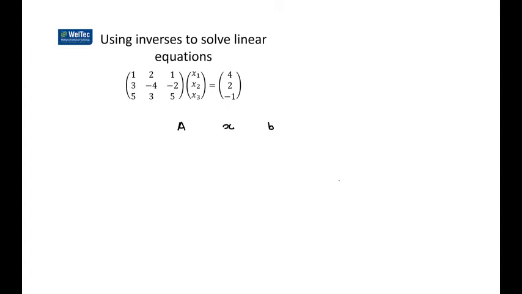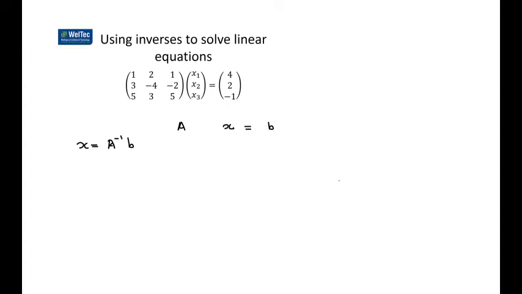So what we've got is A times x equals b. It's not exactly right, but we can say that x equals b over A, or more correctly, the inverse of A times b.